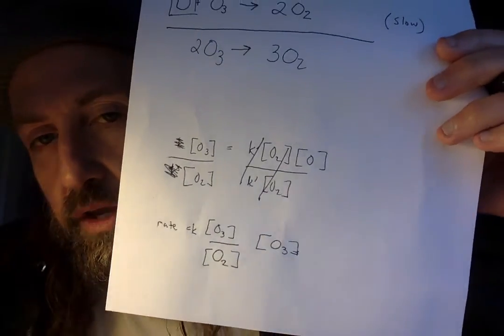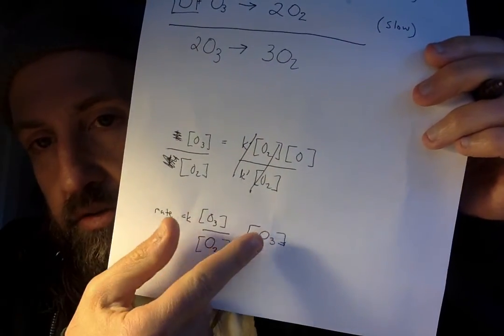I have 2 of those, I multiply them together, and so that is O3 squared over O2.